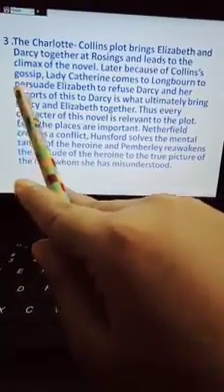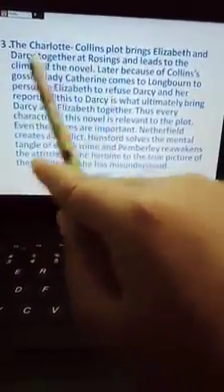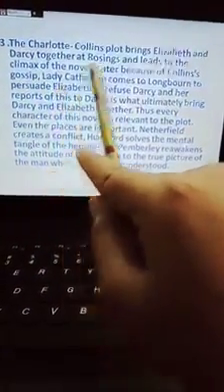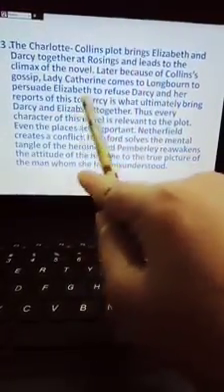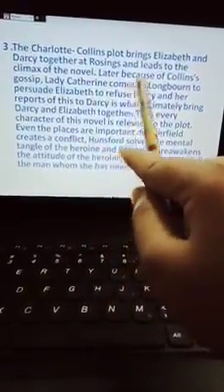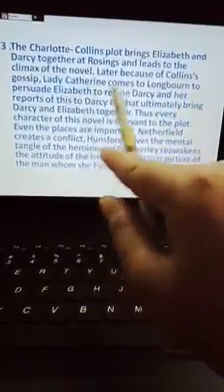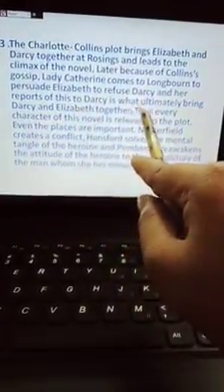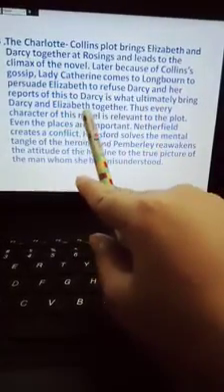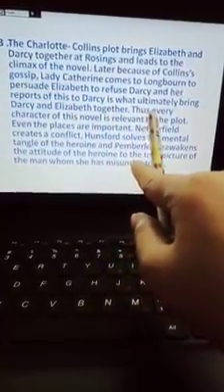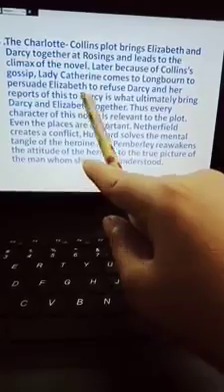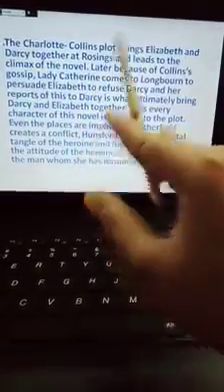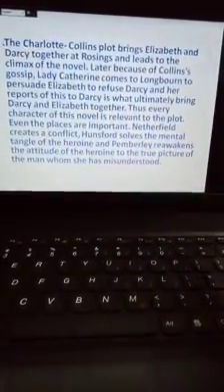Okay, the third one is the Charlotte-Collins plot. The Charlotte-Collins plot brings Elizabeth and Darcy together at Rosings and leads to the climax of the novel. Later, because of Collins's gossip, Lady Catherine comes to Longbourn to persuade Elizabeth to refuse Darcy, and her report of this to Darcy is what ultimately brings Darcy and Elizabeth together.